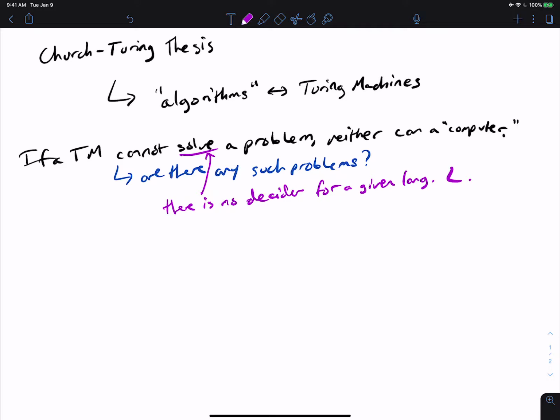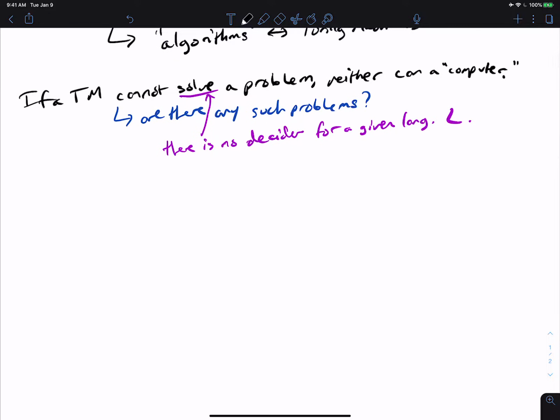The way that we're going to go about this, to understand why there can't be a decider for certain languages, is to go through the opposite viewpoint and talk about which problems Turing machines can actually solve. By understanding what problems Turing machines can solve, we can get a better grasp of problems that Turing machines can't solve.